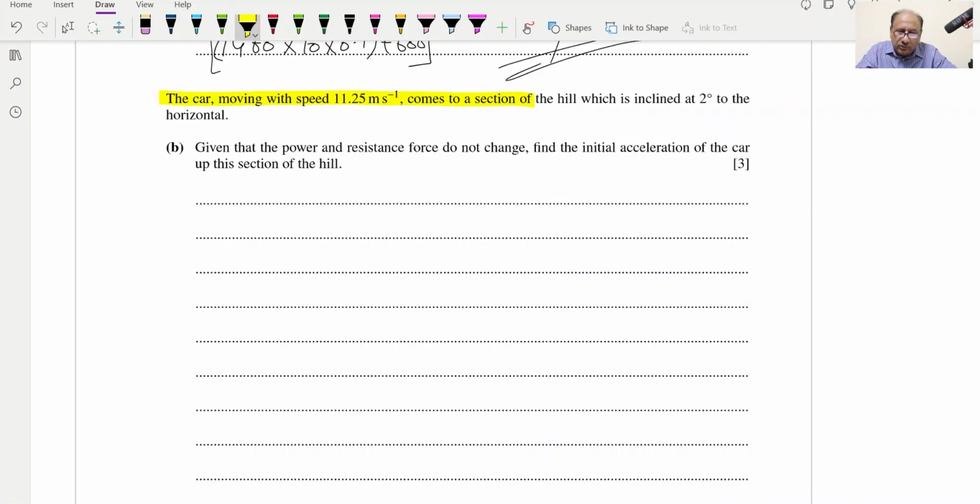second comes to a section of a hill which is inclined to 2 degree to the horizontal. Given that the power and resistance force do not change, find the initial acceleration of the car up to this section of the hill.